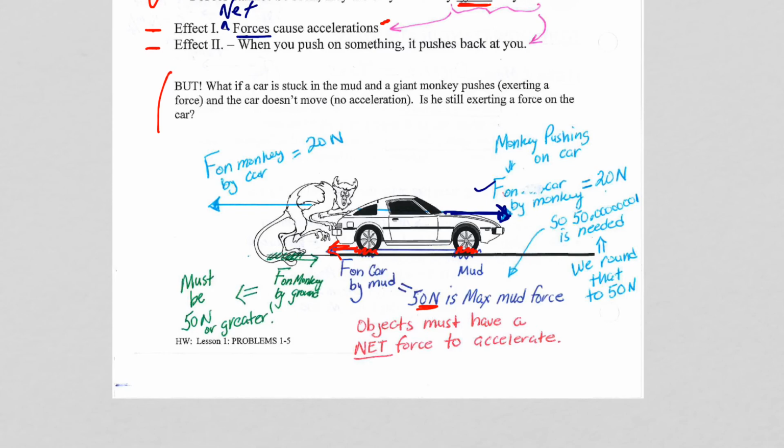So notice if the monkey is pushing with 20 newtons, and the force on the car by the mud has a maximum value of 50 newtons, you would have to get to 50 point something for the monkey to be able to push the car.